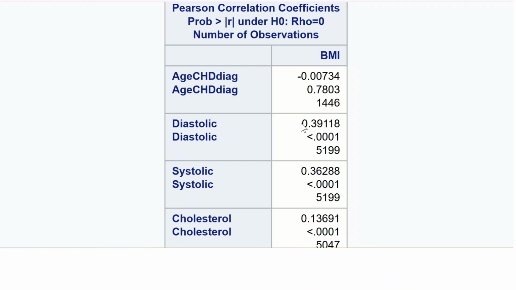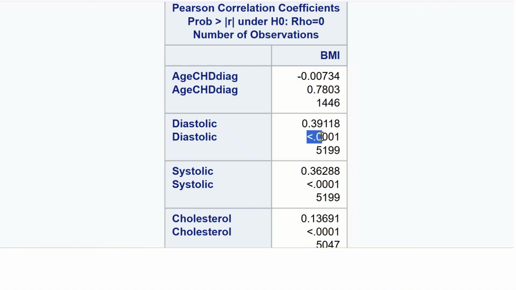When it comes to diastolic blood pressure, we see that the correlation is positive, meaning that as the BMI increases, the diastolic blood pressure increases. This is a pretty strong, moderate-size correlation, and it is statistically significant also. As we learned in the last video, we need to see both of these values.